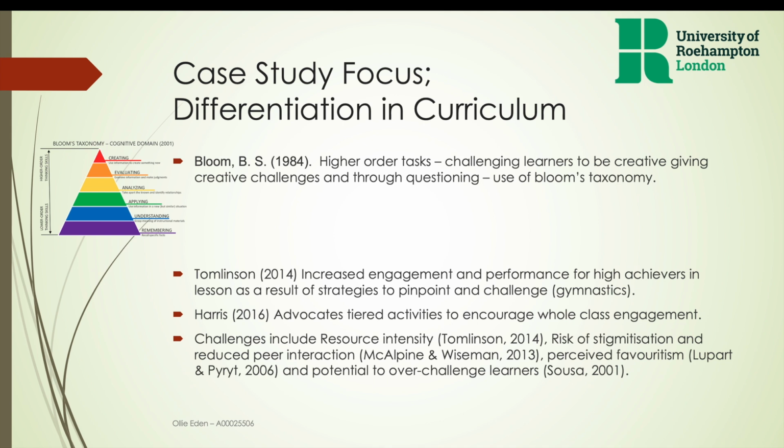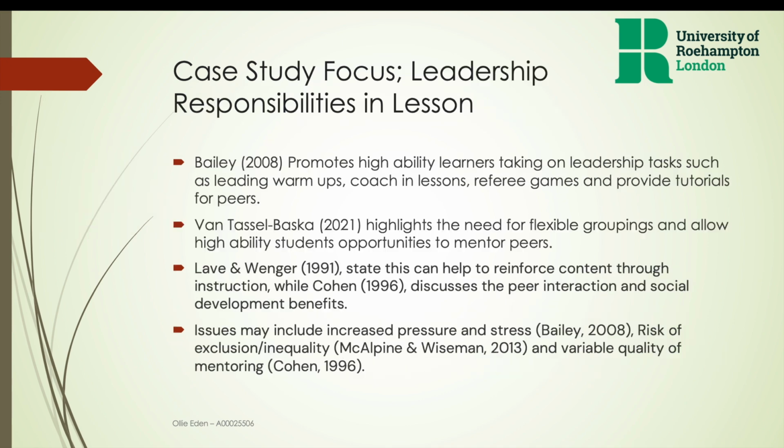It's likely to happen in PE because the more athletic learners will be better across sports, but it is something that teachers need to be mindful of. And there's also the potential to over-challenge learners, which was mentioned by Sousa. So if unrealistic expectations or tasks are given, then this might overstimulate the learners.